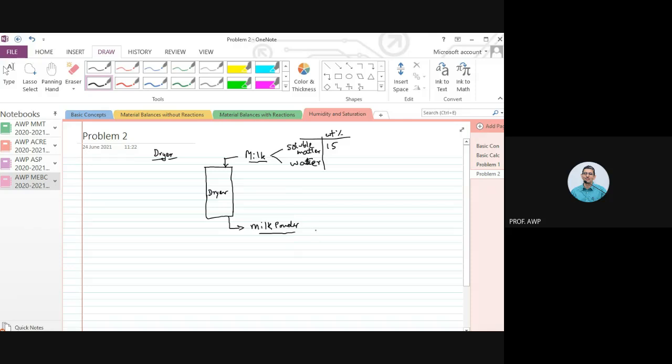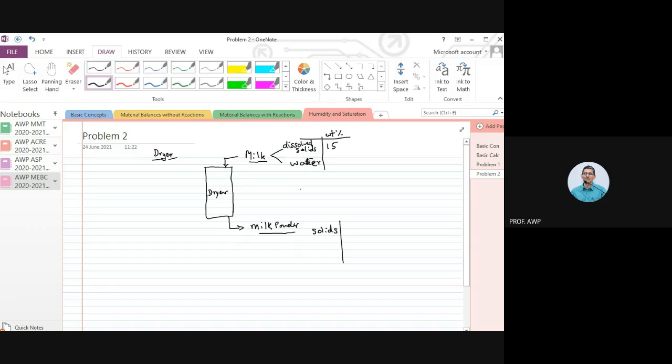So milk powder will now have solids. That's why we are going to call this soluble matter, or dissolved solids. The solid components are dissolved in the water. Actually, it is not completely dissolved. It is in an emulsified form.